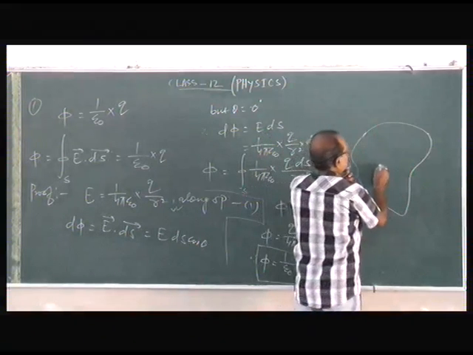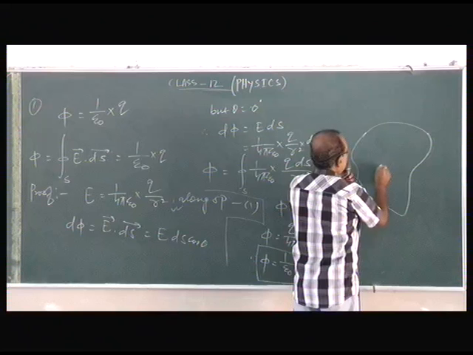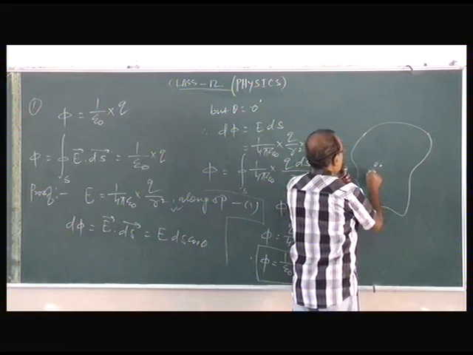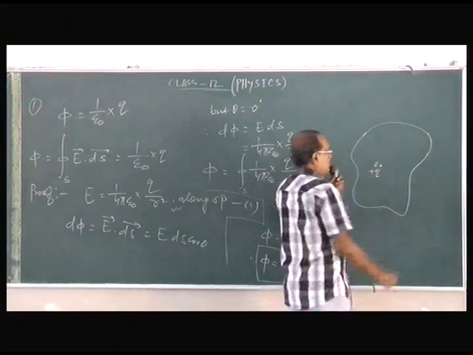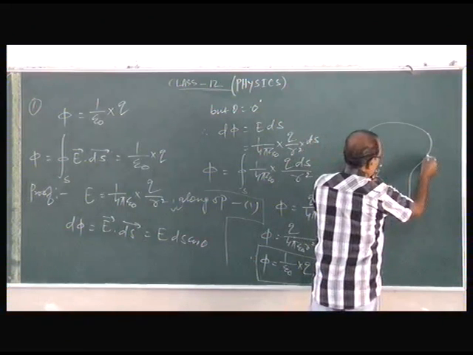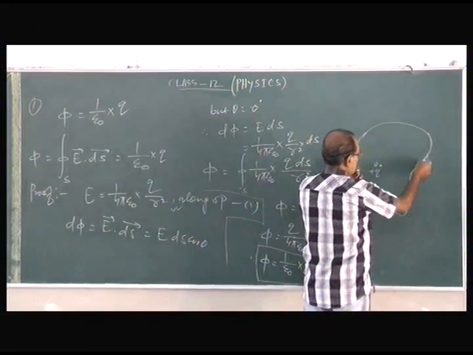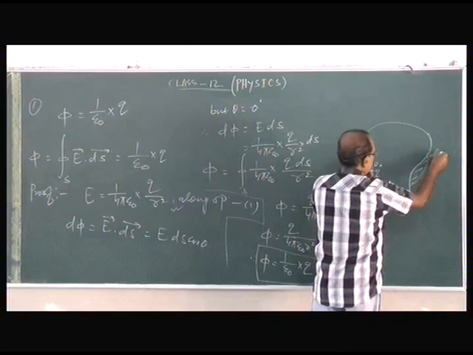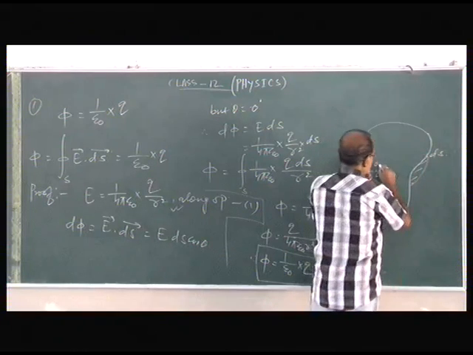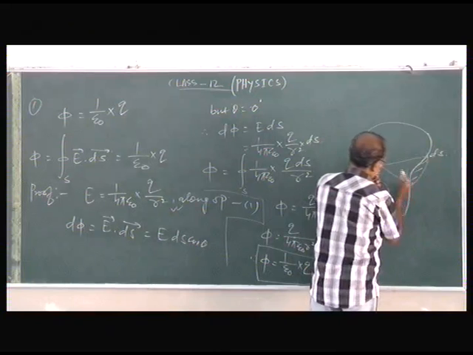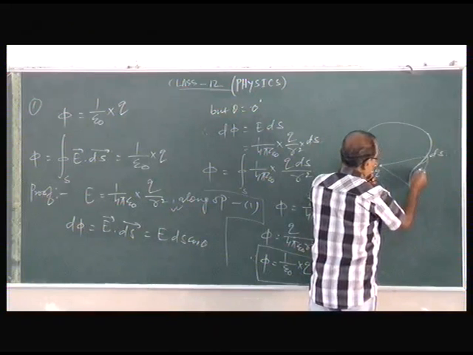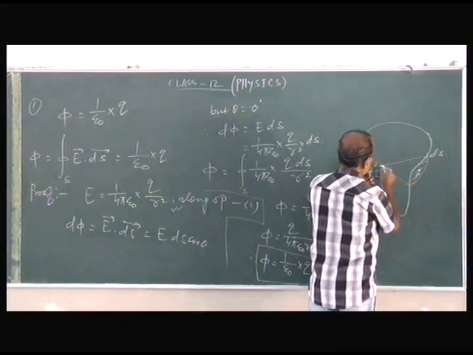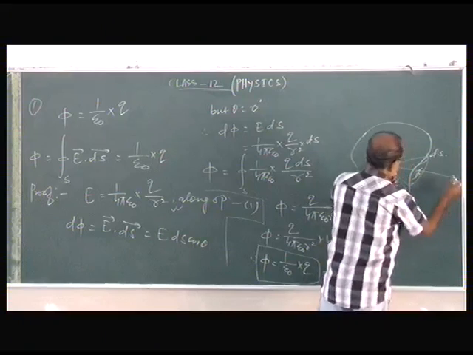This is the point O, and the charge is enclosed by the surface. We are taking a small surface, say ds, at the point where we have to find the electric intensity.